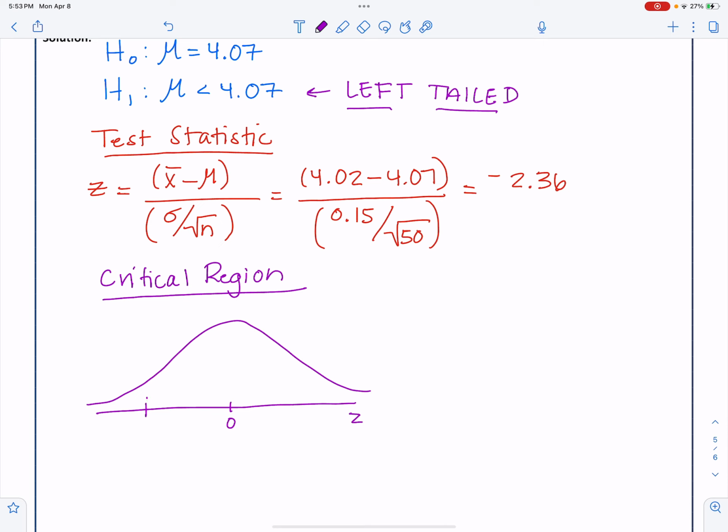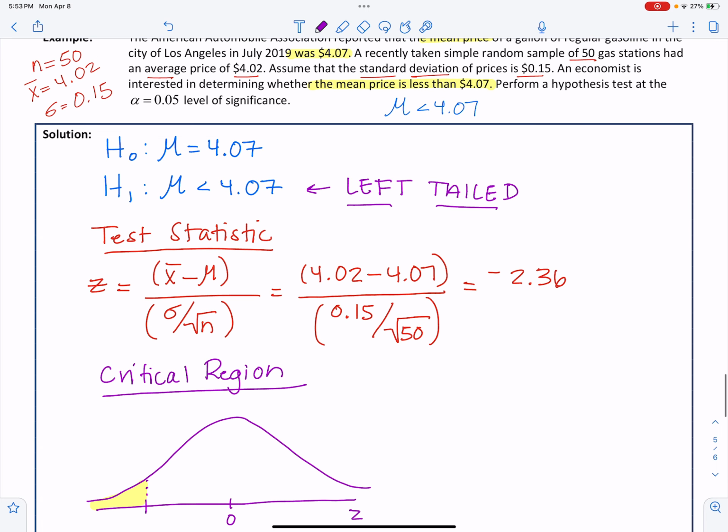That tells me that I'm going to shade my critical region in the left tail of this curve. The value that I need to find the cutoff point here is the level of significance. And the level of significance for this test is specified at 0.05. That's actually the area of the critical region.